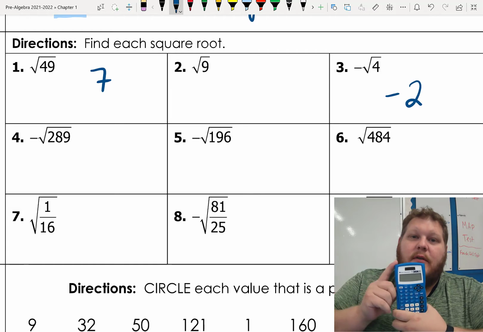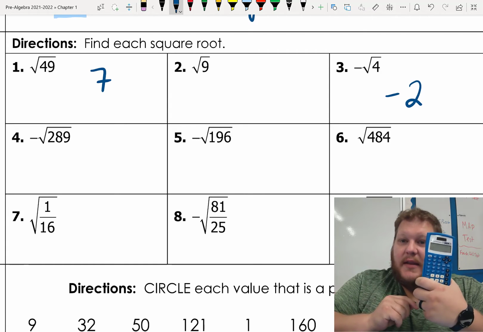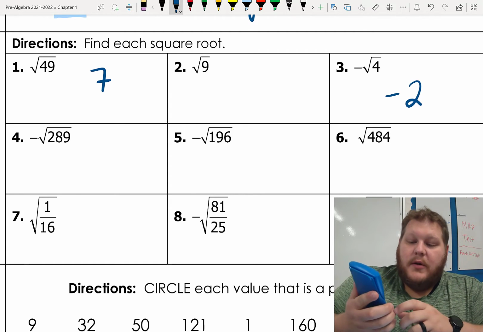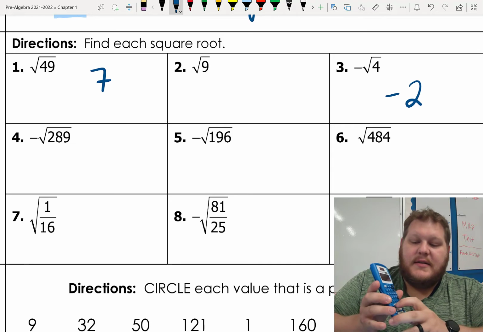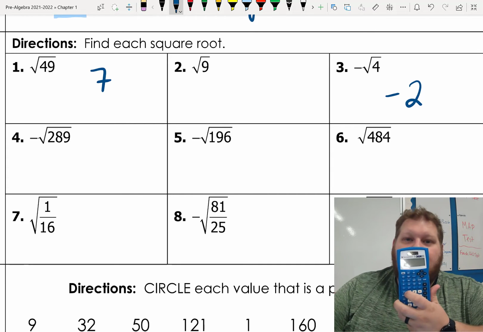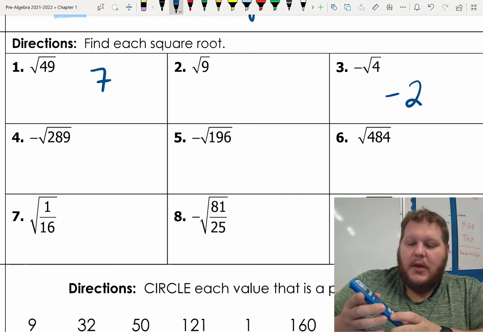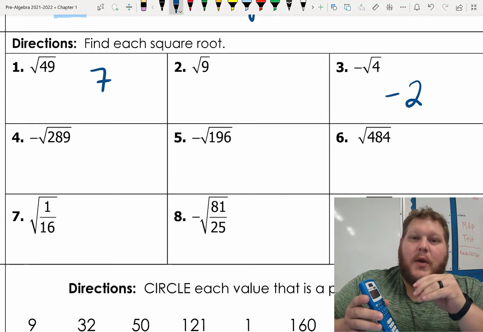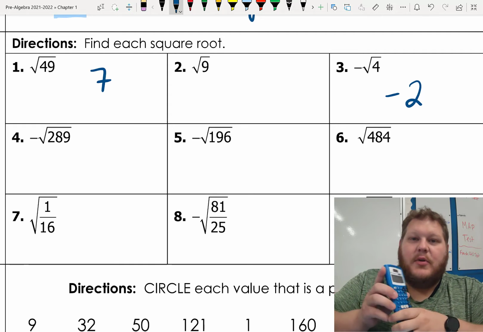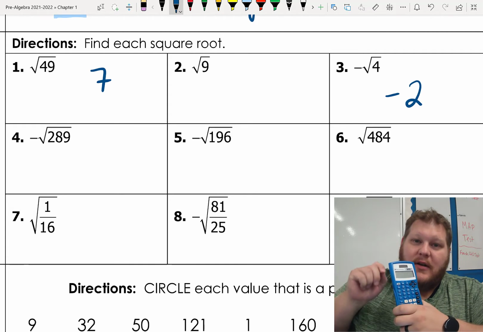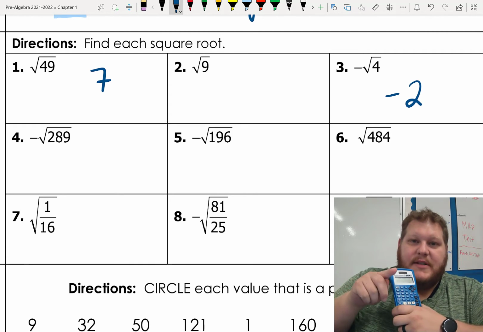So if you're using one of my calculators, one that looks like this, the square root symbol is to the left of the 7. The button itself has an x squared on it. The symbol right above it on the actual calculator, not the button, is that radical symbol.